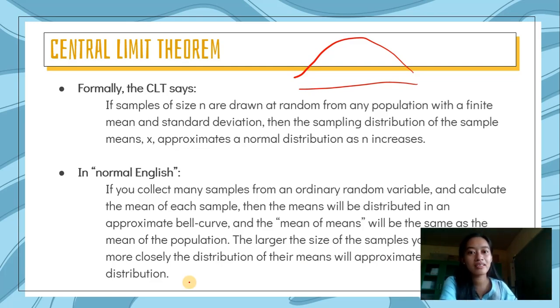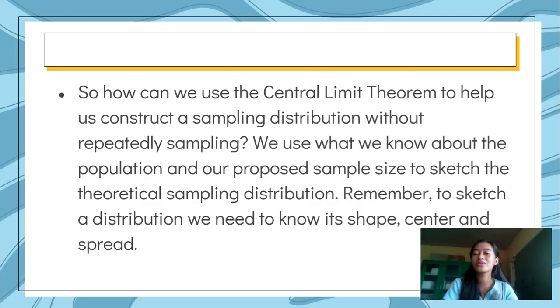So we can now estimate well. This is why we are able to use this concept of representative samples in our inferences or in our research. So how can we use the central limit theorem to help us construct a sampling distribution without repeatedly sampling?